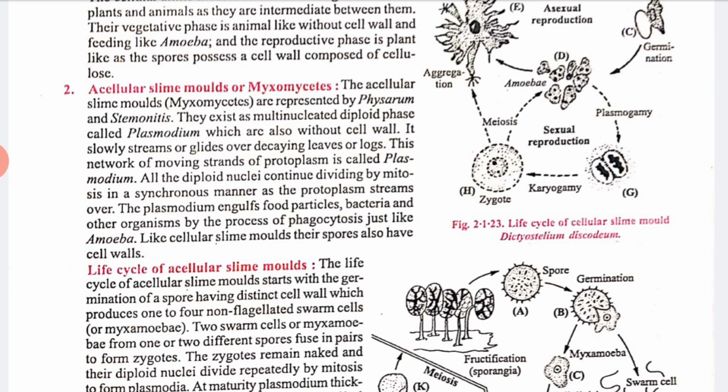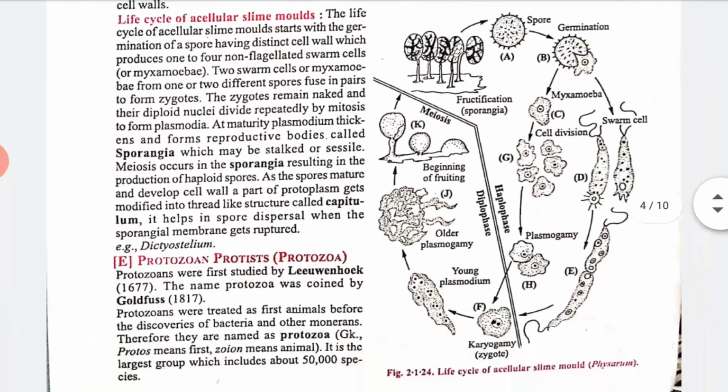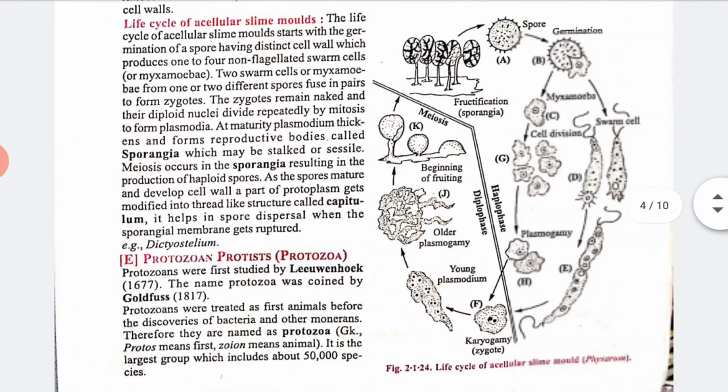In this also we will talk about the life cycle. The life cycle of acellular slime molds starts with the germination of a spore having a distinct cell wall, which produces 1 to 4 non-flagellated swarm cells. Let us see what swarm cells are. So come to this life cycle. Yes, this is the life cycle of an acellular slime mold.